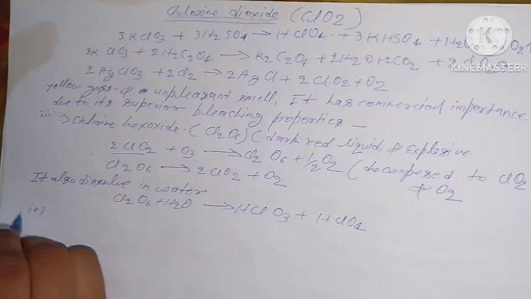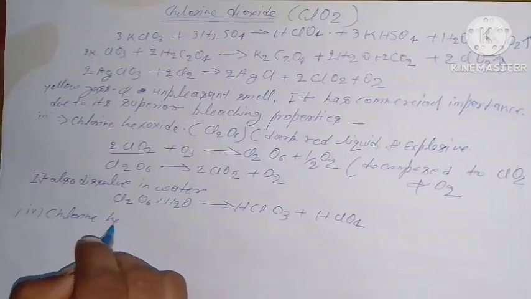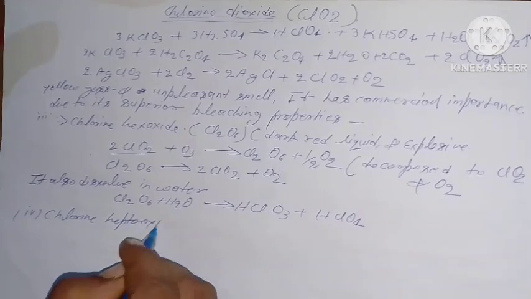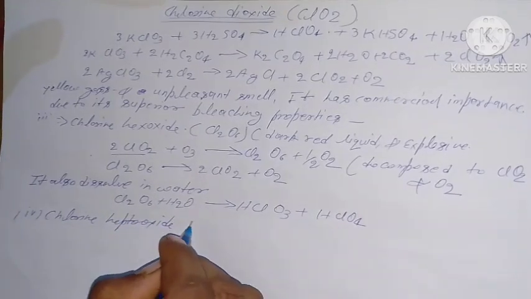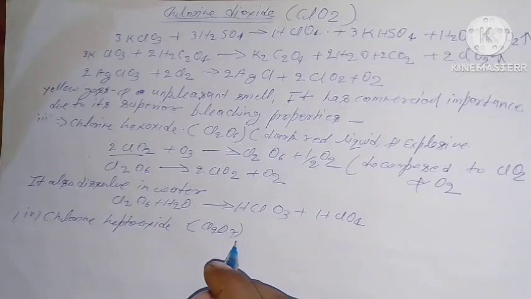Fourth point, chlorine heptoxide, Cl2O7.